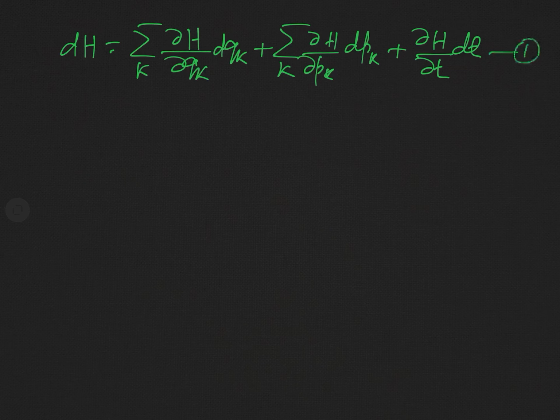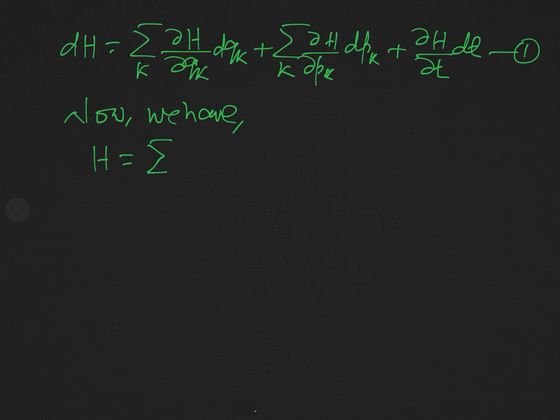Now, as I have studied in previous lecture, the meaning of the Hamiltonian function H, from that meaning we will also find dH. Now we have H equal to what?